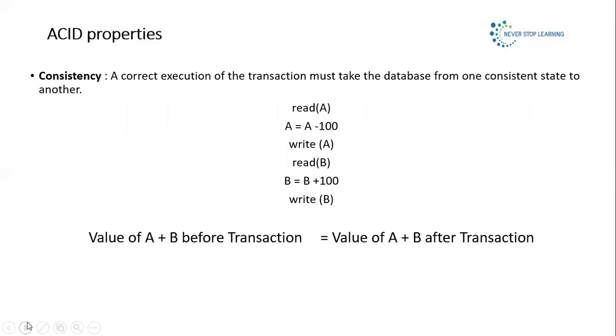Next we have consistency. A correct execution of the transaction must take the database from one consistent state to another consistent state. So basically, when we start working on any database, it's in a consistent state.